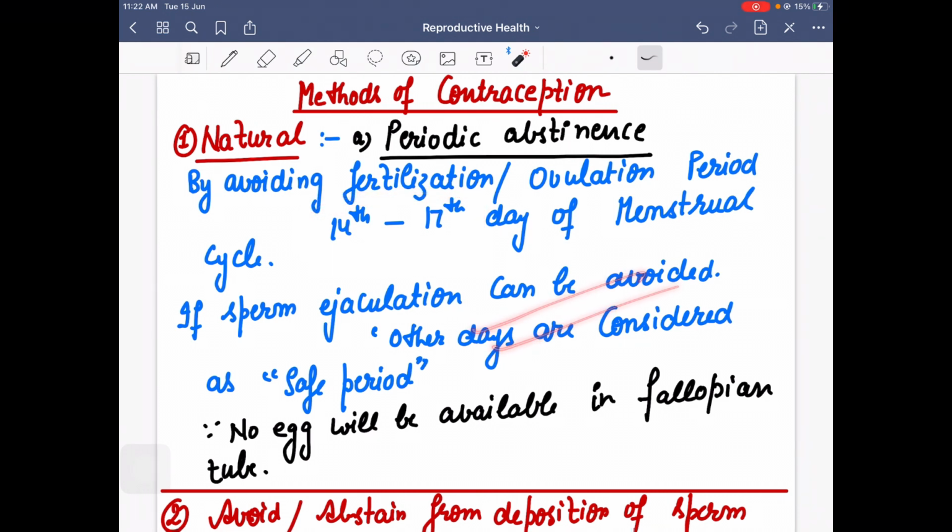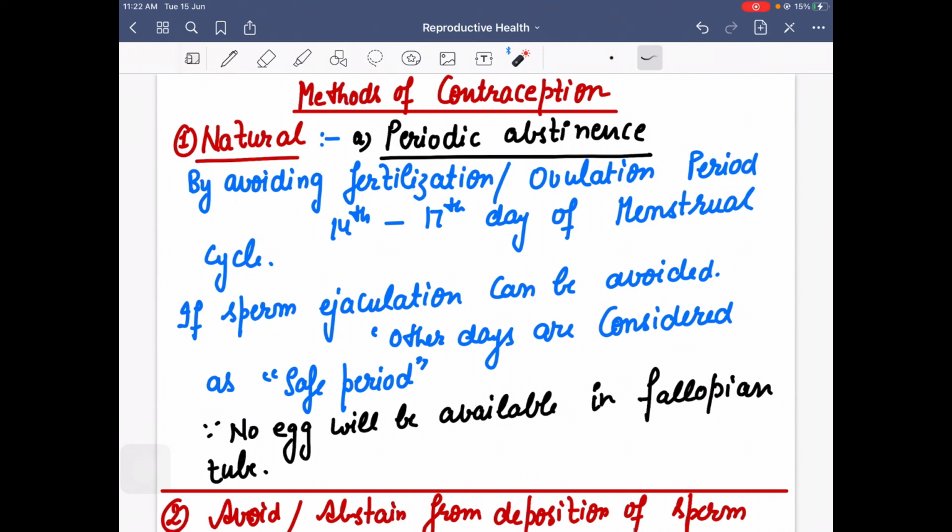Other days are considered a very safe period for sexual intercourse or coitus. Why? Because no egg will be available in the fallopian tube, and when there is no egg in the fallopian tube, even if sperm is ejaculated in the vagina, it will not harm, and pregnancy will not occur.